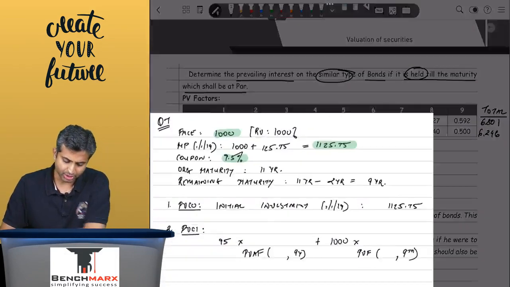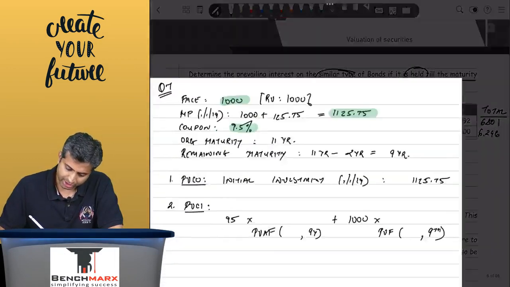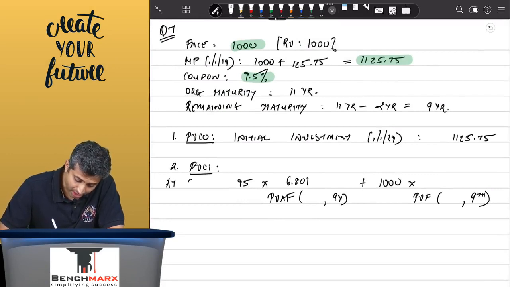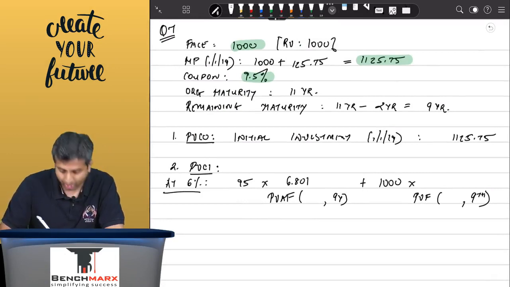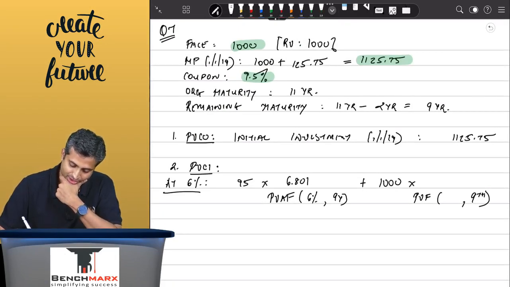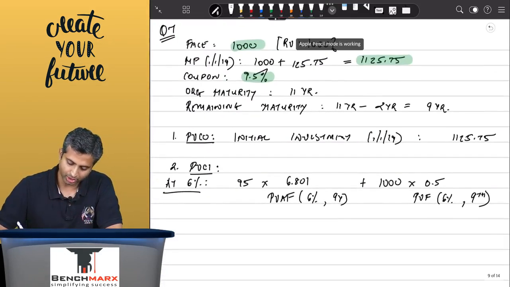So let us try to verify this. 95 into 6.801. Let us say at trial and error you are starting at 6%. So how did we select 6%? The two rates given in the question. So this is at 6%, and at the end this is 0.592. Okay.